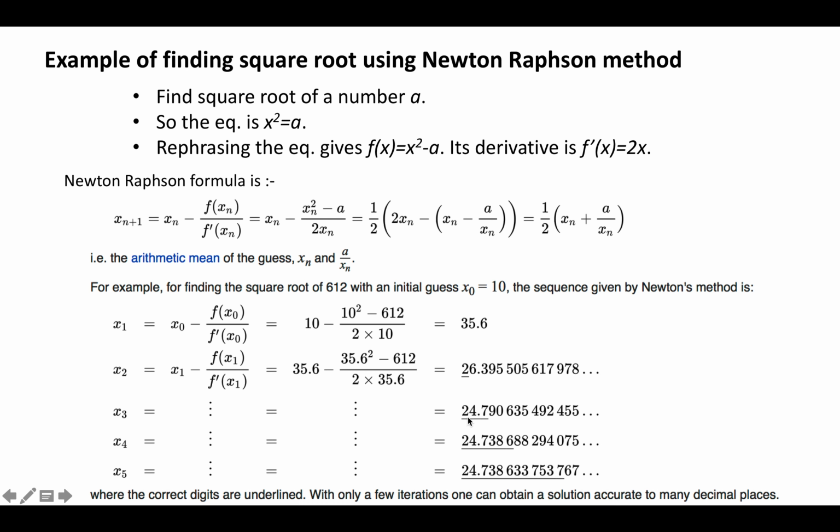We see that the root up to the first decimal place keeps repeating itself after x3. In the third iteration the root up to the first decimal place was 24.7, in the fourth again 24.7, and at the fifth as well. So if we need accuracy up to the first decimal place, we converge to the root, 24.7, by the third iteration.